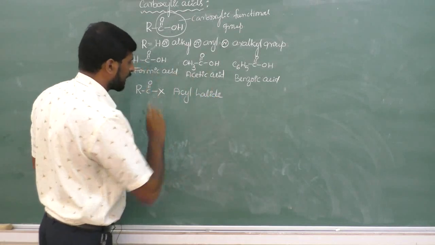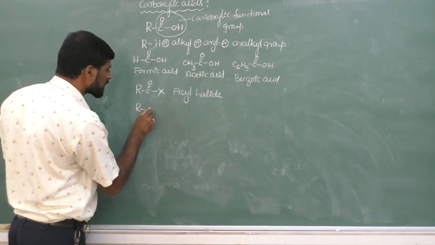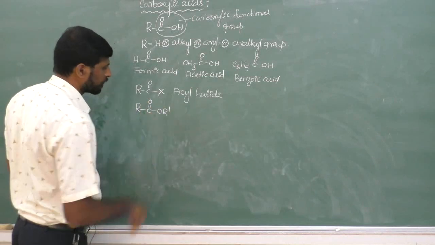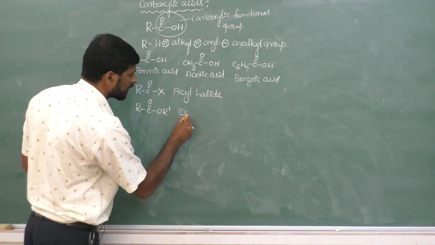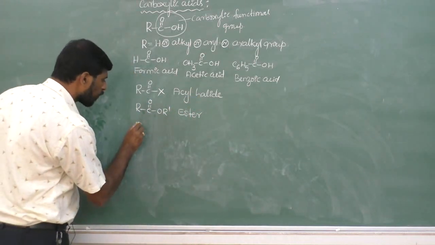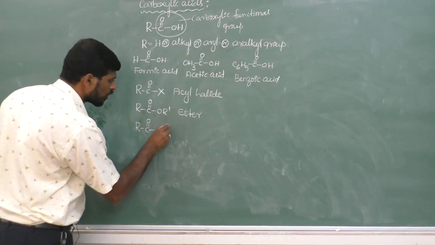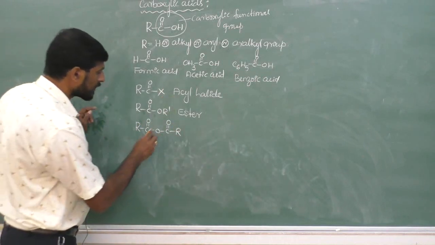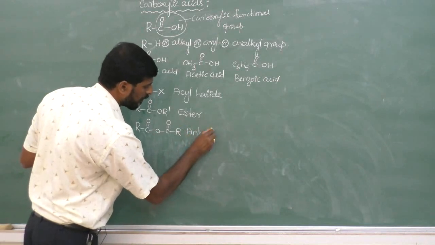Acyl halide. If the OH group is replaced by OR, this is nothing but the ester. If the OH group is replaced by OCOR, then this compound is called anhydride.